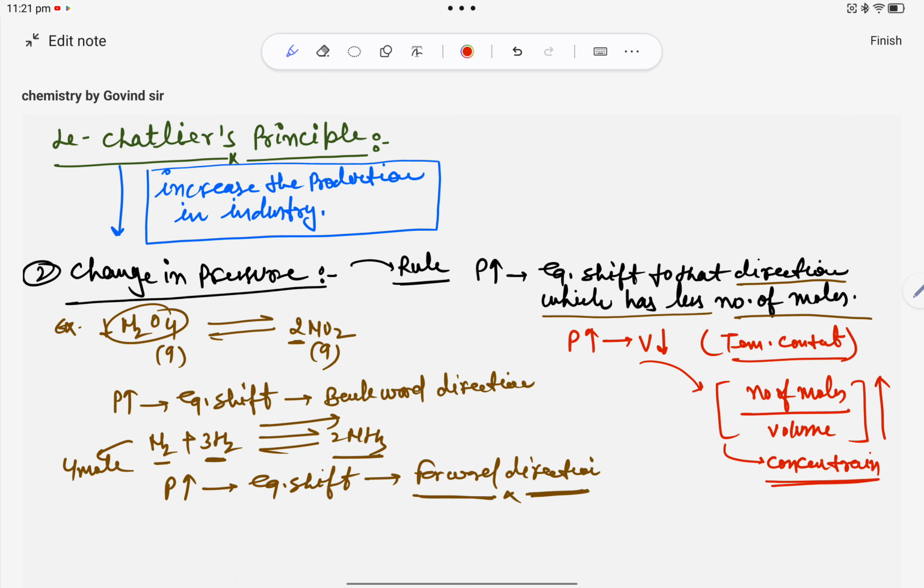What I am saying is, if you increase the pressure, the volume decreases.